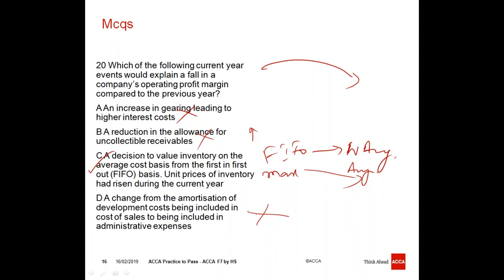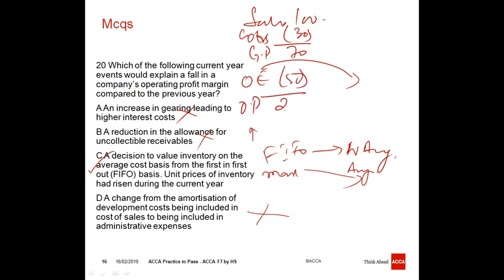Why not D? Like if I subtract, sales 100, cost of goods sold, assuming it's 30, the gross profit is 70. Operating expenses is 50. Operating profit will be 20.